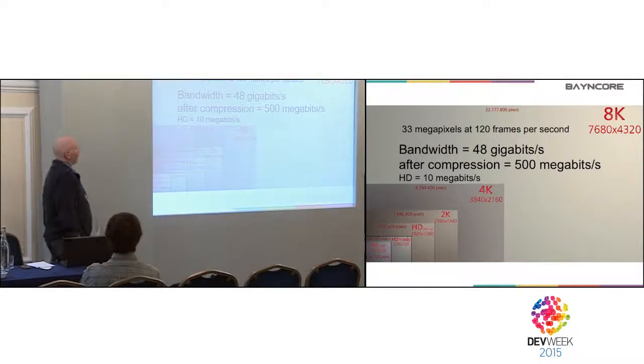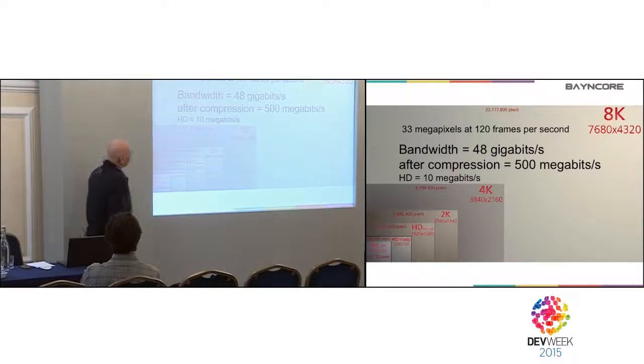The only way you can possibly transmit that is by compression, which of course you can do on the chips themselves, the Core series and the Atom series. And even then it's 500 megabits, okay? It's half a gigabit of data per second, which is huge.